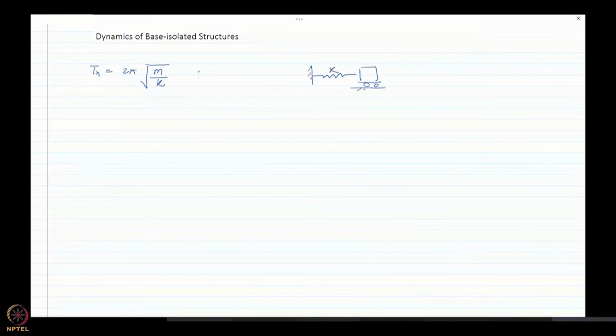A simple representation could be this mass and stiffness, and if you want to put damping, that's fine as well. So this is the spring mass damper representation, or if you want to write it in terms of frame representation, then you may consider this interpretation.